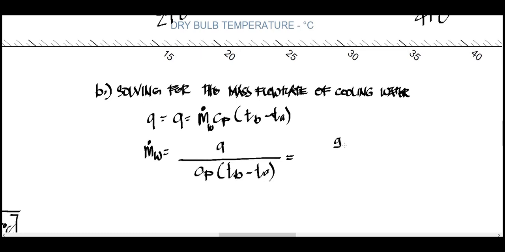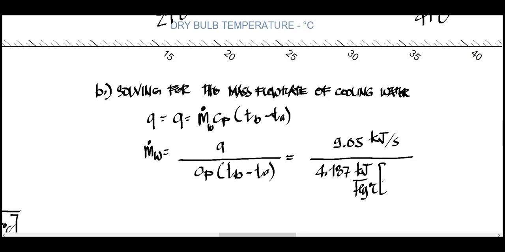That will be 9.05 kilojoule per second divided by 4.187 kilojoule per kilogram degree Celsius. Then we have the change in temperature from 15 degrees to 10 degrees Celsius.